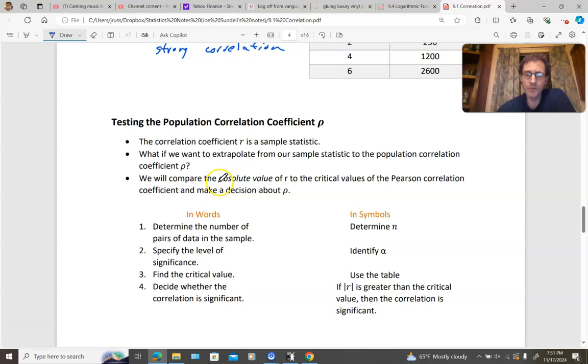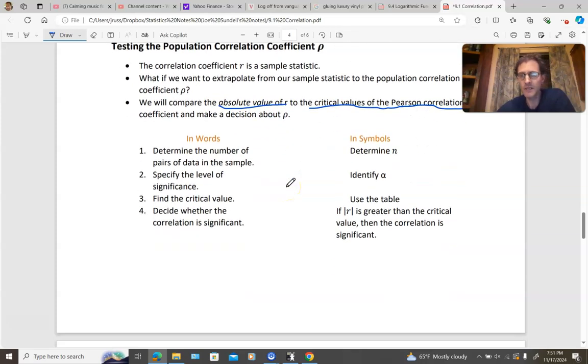And so we're going to compare the absolute value of R to a critical value from what's called a Pearson correlation coefficient table. This word Pearson just comes from a famous statistician, okay? And then we're going to make a decision about rho.